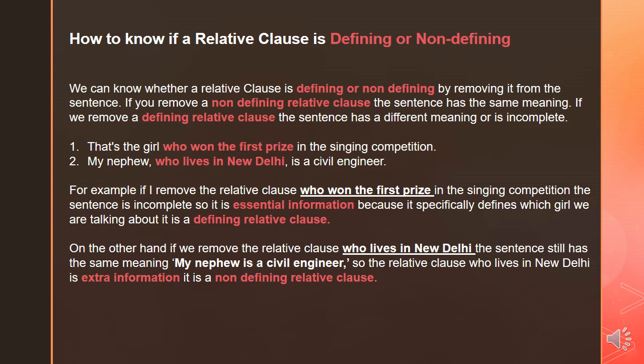Let me read it out for you. My nephew is a civil engineer. Have you seen it? My nephew is a civil engineer. So the relative clause who lives in New Delhi is extra information. It is a non-defining relative clause.